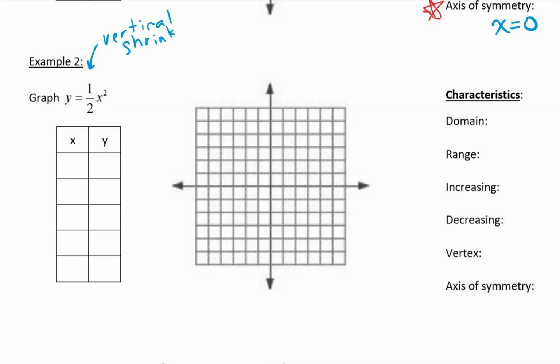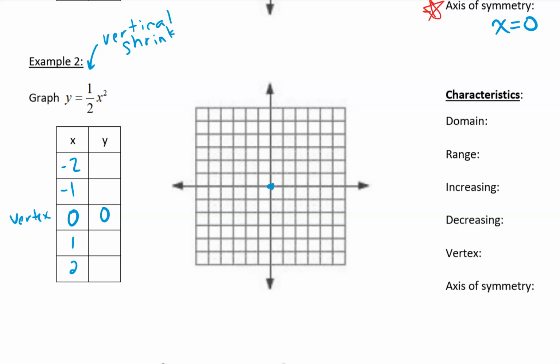Since it's still in the form y equals something times x squared, but nothing is added or subtracted, we know that our vertex is at 0, 0. So we're still going to put that 0, 0 in here. And then I'm going to pick 1 and 2, -1 and -2 for my x values on either side.